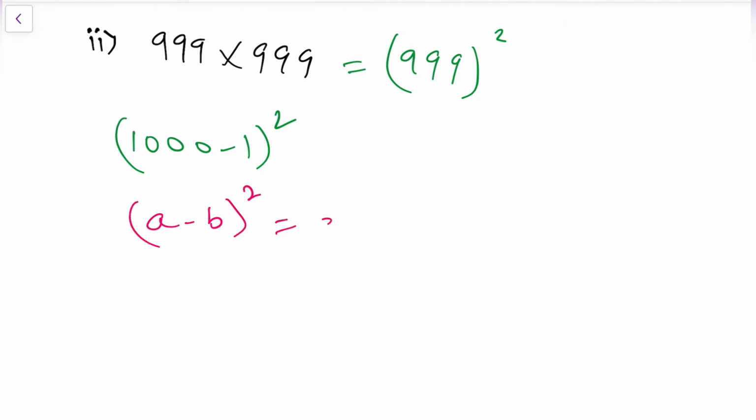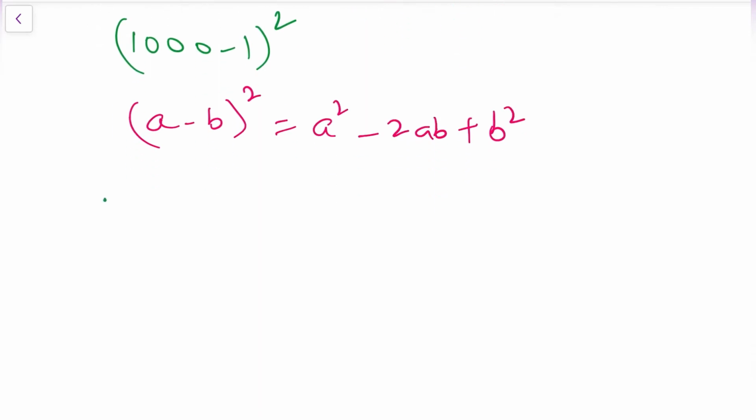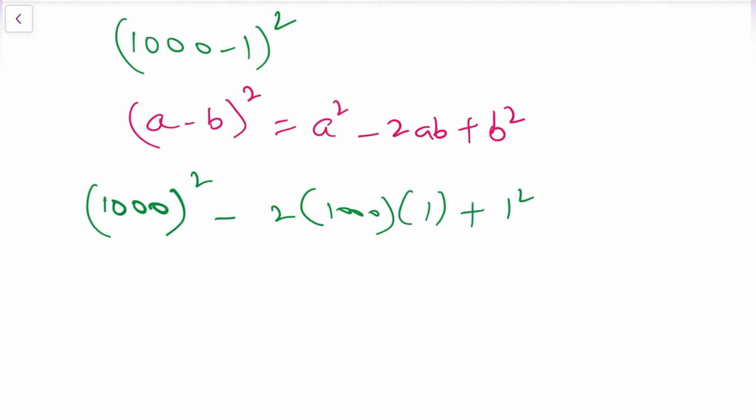So a minus b whole square is nothing but a square minus 2ab plus b square. So now 1000 minus 1 whole square, if we expand, we get 1000 square minus 2 into 1000 into 1 plus 1 square.